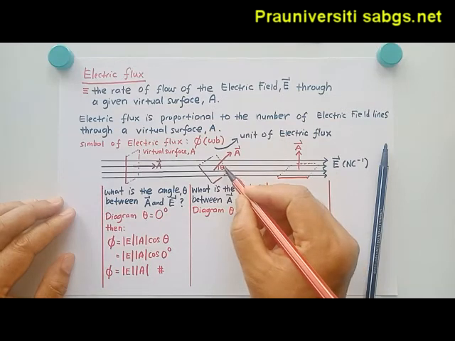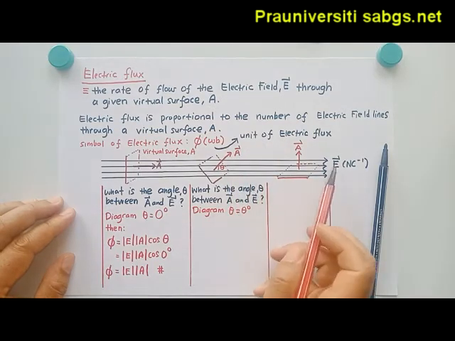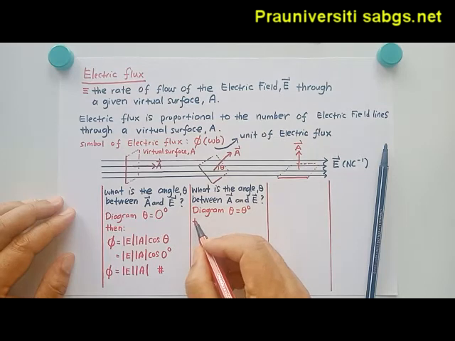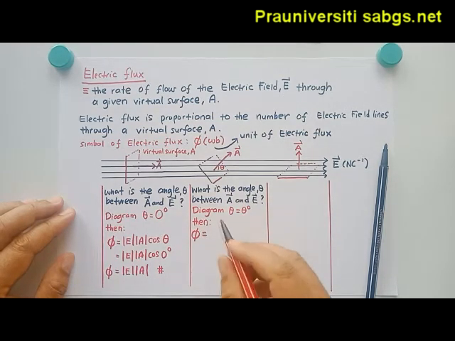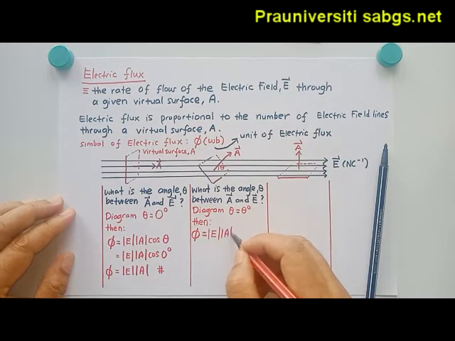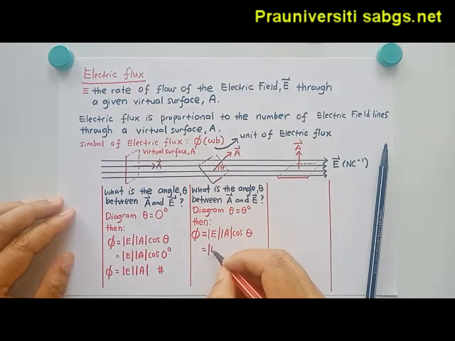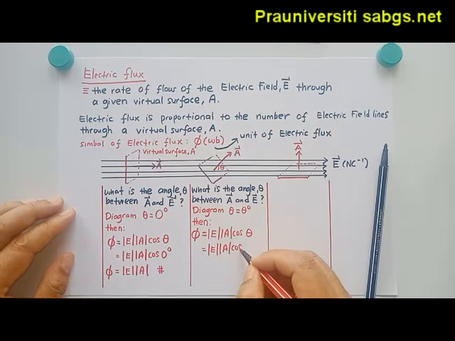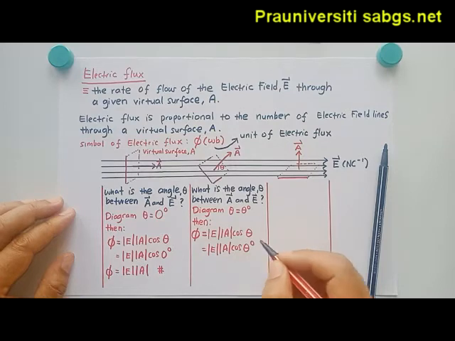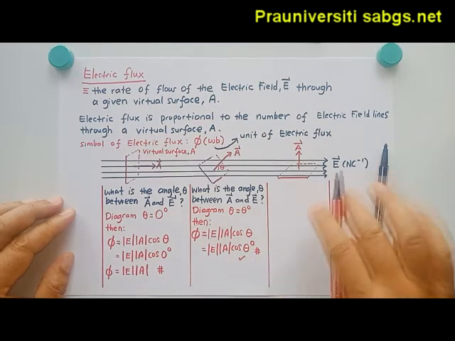See? So the angle between vector A and E is theta. Then we can calculate psi: the magnitude of E times the magnitude of A cos theta, where theta is theta degree. Then we can calculate the electric flux by applying this equation. So we continue.